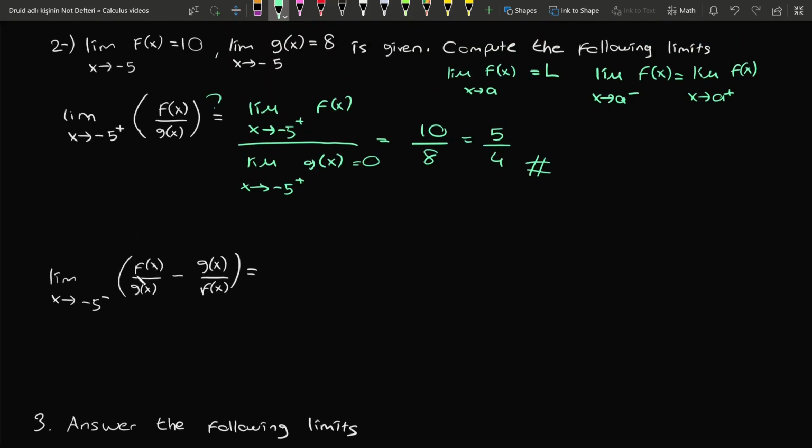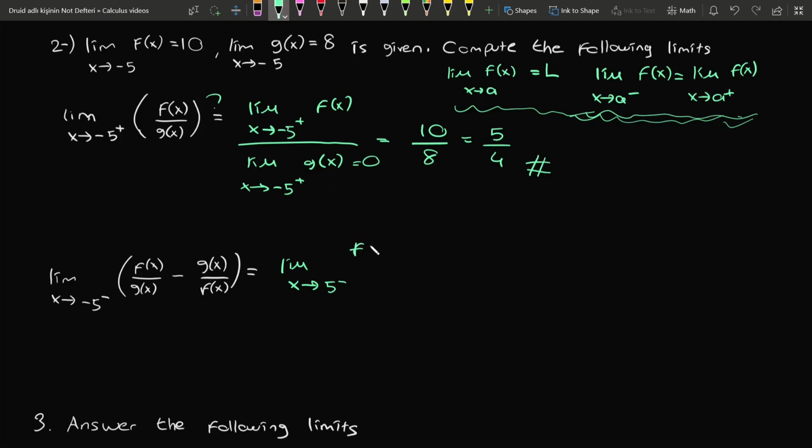And now we have this limit. This time, the limit of the function as x is approaching negative 5 from the left side. First, I know that none of the denominators are equal to 0 since they're given to us. And I know that even if it's from the left, for a limit to exist like this, we don't need to confirm this anymore. So I can write this as 10 over 8. Let's not do it like this actually.